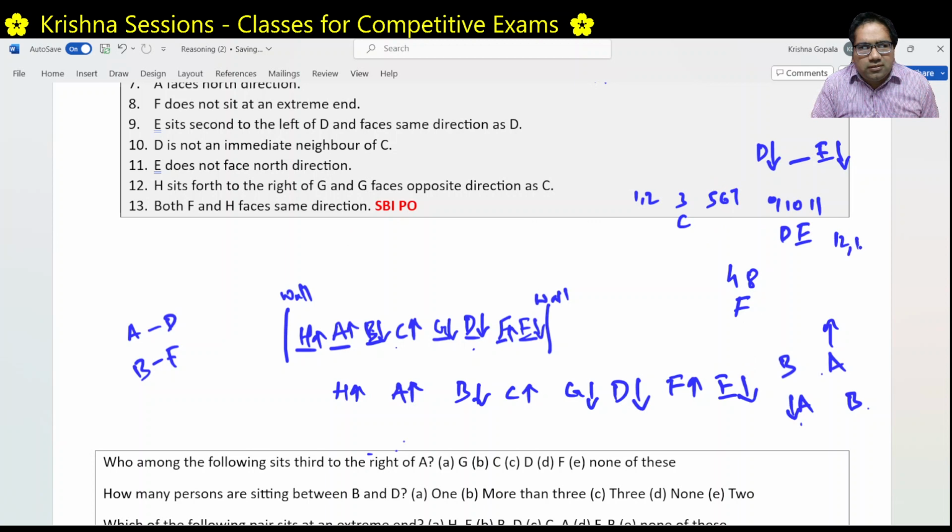We used 12 also, 13 also. Right. To discuss the direction of FH we have derived, and G and H seating we have derived, 12 and 13. Right. So if you look at these conditions, 1, 2, 3, 4, 4 we have used, 5, 6, 7 we have used, 8, 9, 10, 11, 12. Right.